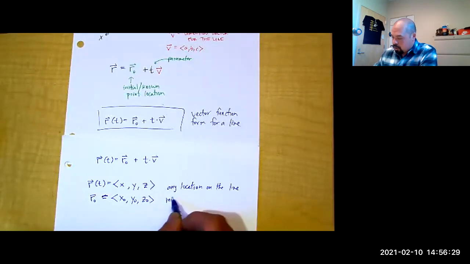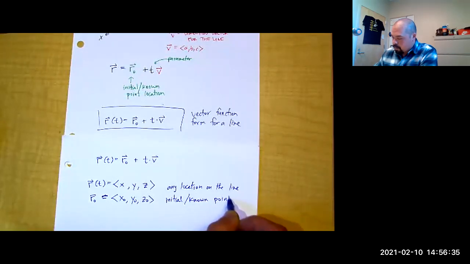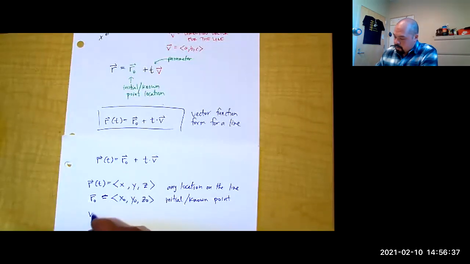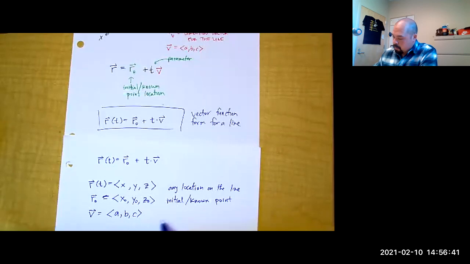This is my initial, my known point. v is a, b, c, my direction vector, the direction that that line is moving.